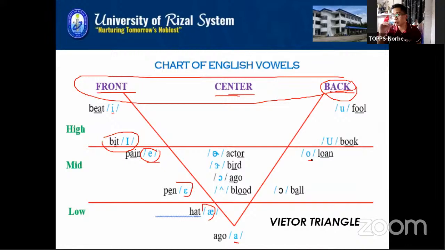Again, you will notice that when you pronounce this sound, the tongue is slightly moving backward, and of course, your lower jaw and your upper jaw are not that close. It is just relaxed, so there's no tension on this part. And then the duration of the sound is long.